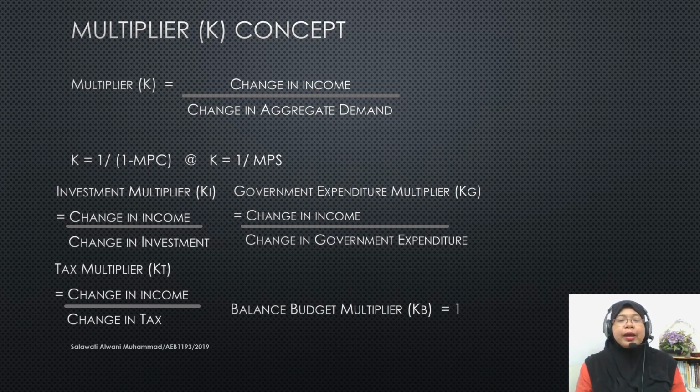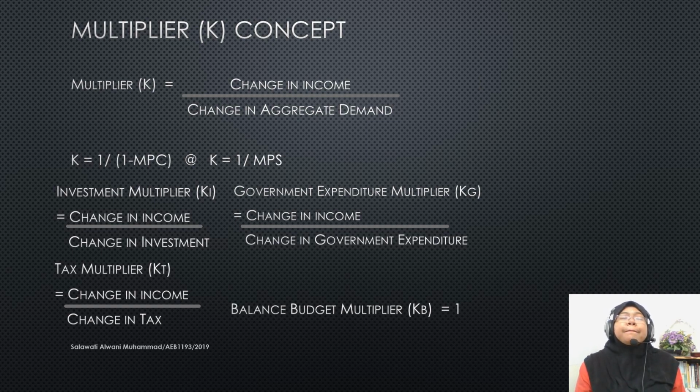Let's say the example is G, government expenditure. When there is a change in government expenditure, Y also will change. So it will multiply how many times? If you calculate the multiplier equal to 4, meaning Y will increase 4 times.